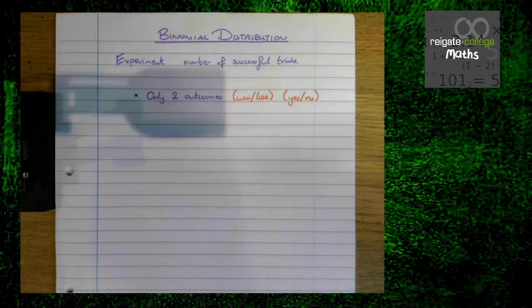If you want to take into account those three possible outcomes, you'd have to use a different distribution, or instead of thinking of it as win and lose, it might be win and not win, or lose and not lose, where that not takes into account both of the other outcomes. So there must be strictly two outcomes.